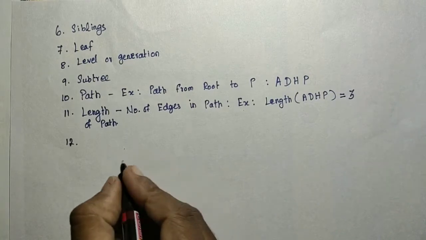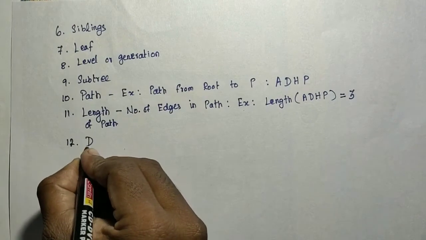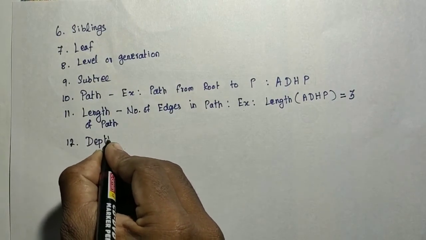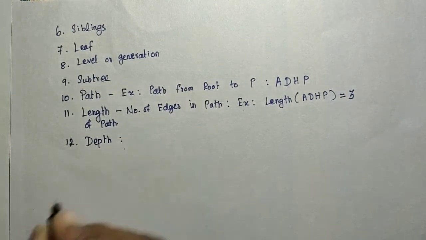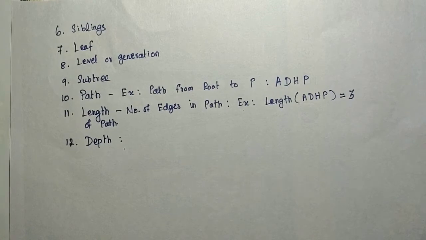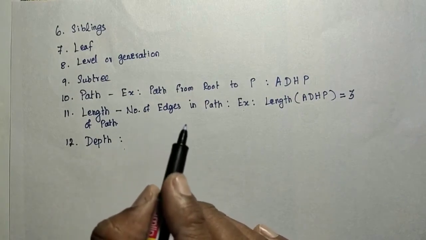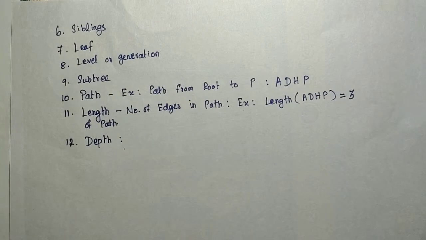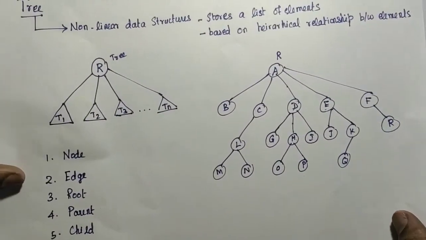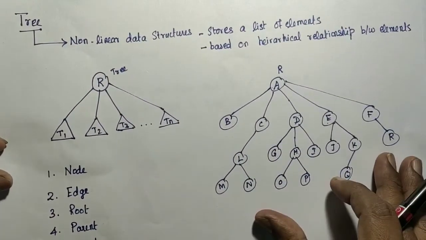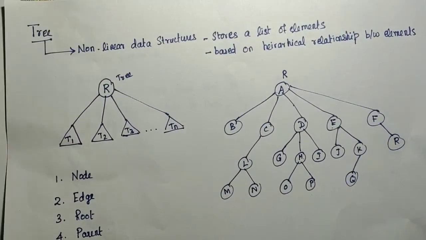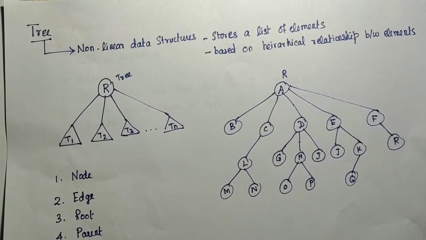And then depth of a node. In a tree, if they ask what is the depth of a node or element in a tree, what would you answer? How can we define the depth of a particular node?